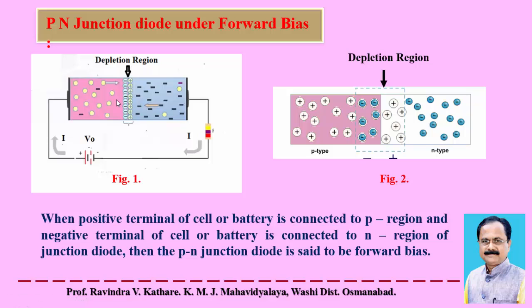Then the junction resistance becomes very low and majority charge carriers acquire sufficient energy to cross the junction, and current flows through the diode.